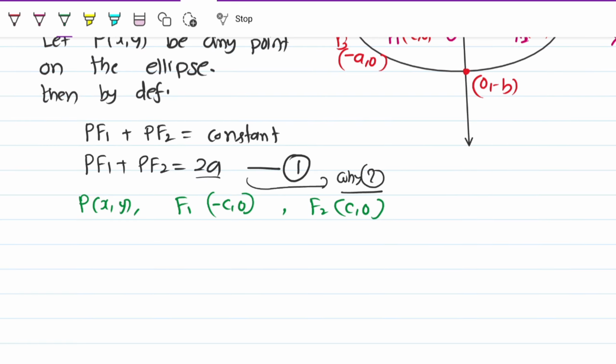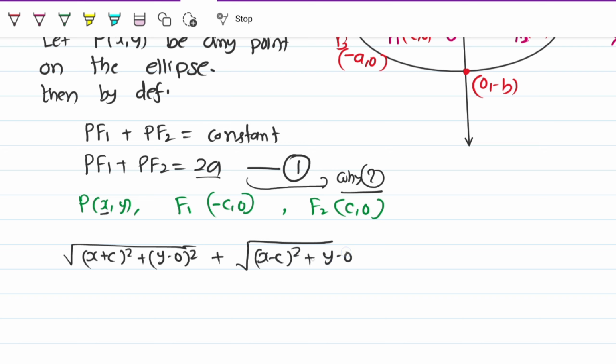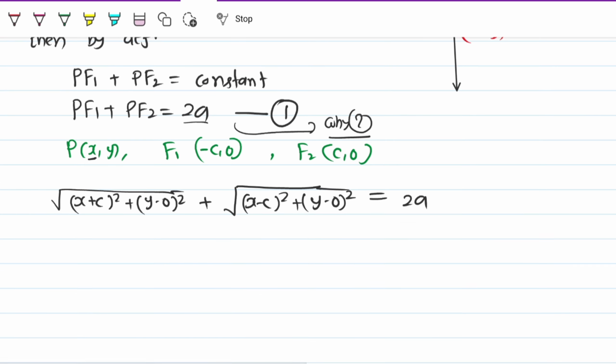So PF1 by the distance formula will be the square root of (x plus c) whole square plus (y minus 0) whole square, plus the square root of (x minus c) whole square plus (y minus 0) whole square, equals 2a. Now we need to solve this. Before solving, I will take one quantity to the right hand side to remove the square root.